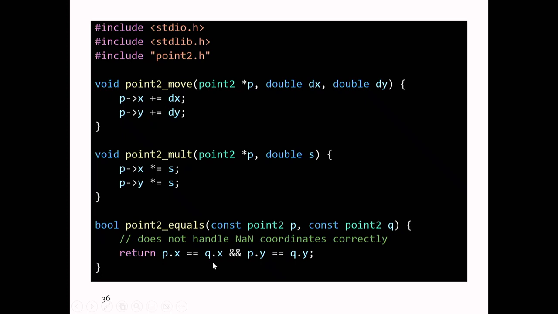Because if p->x and q->x are both not a number, then this is going to return false. NaN is never equal to itself. NaN is equal to nothing, not even itself, according to the IEEE floating point standard. So this doesn't quite handle NaN correctly, but the odds are if you have not a number values, something else has probably gone wrong anyway. If you want to handle them correctly, you have to put in an if statement that checks if they're both NaN, not a number.